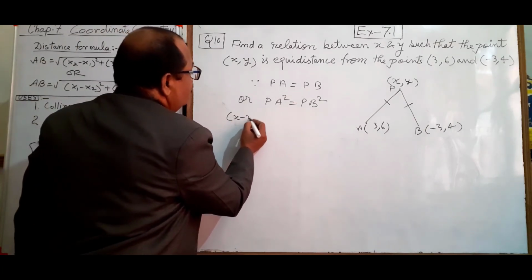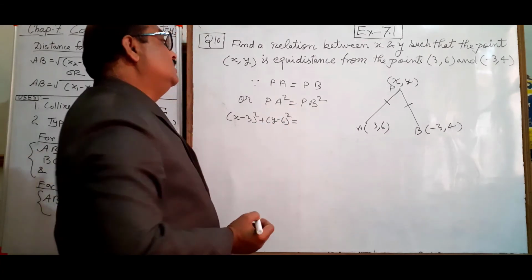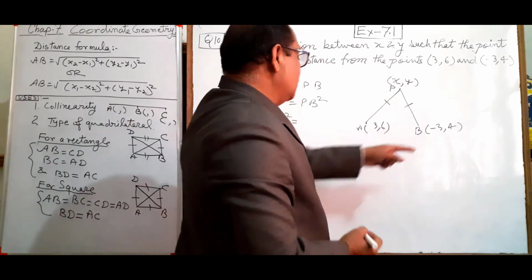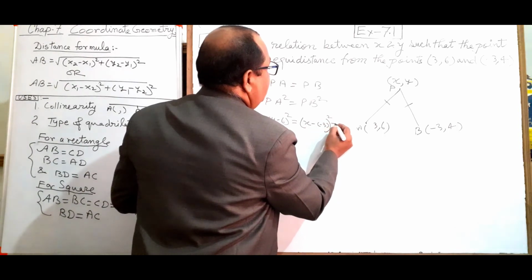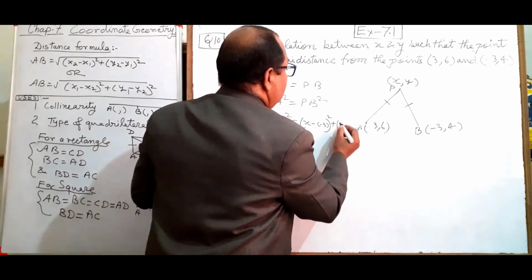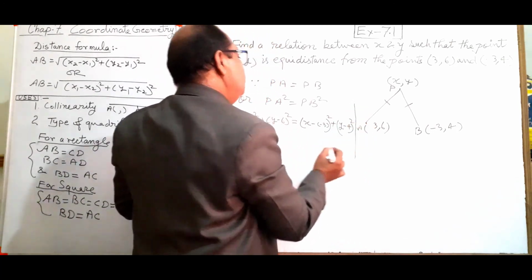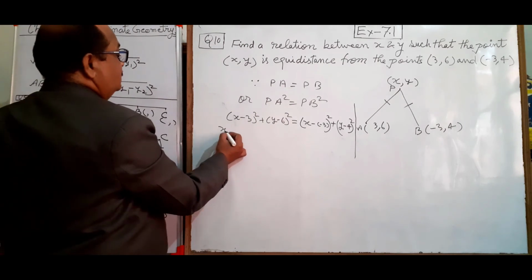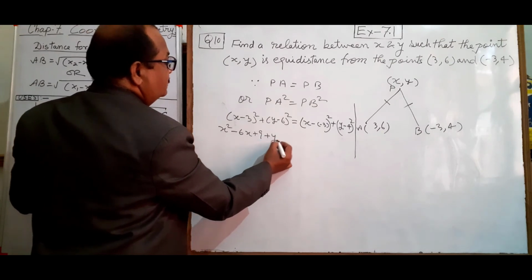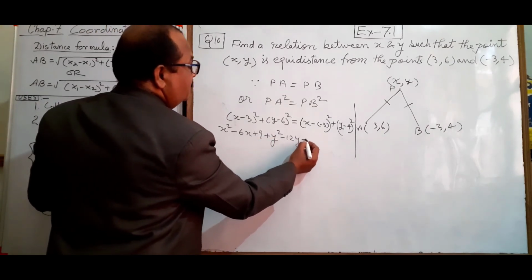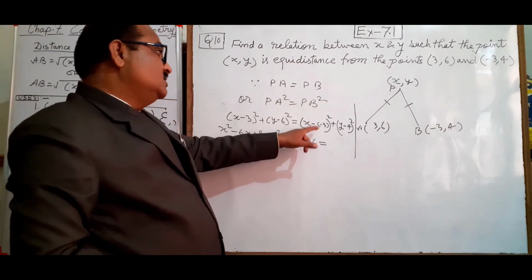(x minus 3) whole square plus (y minus 6) whole square is equal to PB, (x minus 3) whole square plus (y minus 4) whole square. We can simplify it. Now x square minus 6x plus 9 plus y square minus 12y plus 36 is equal to squaring of this one.